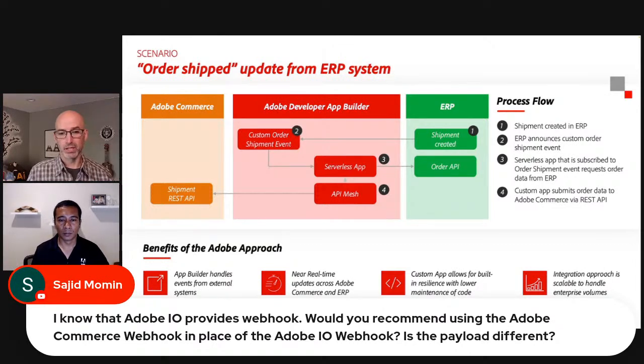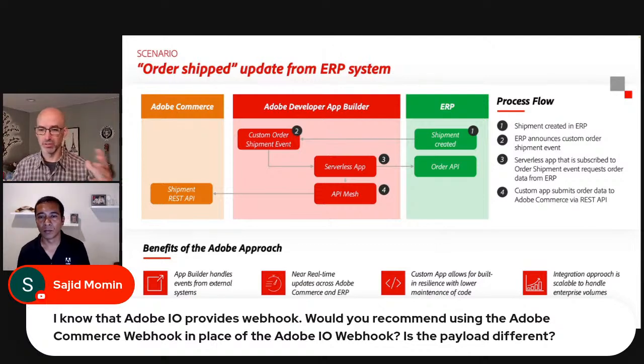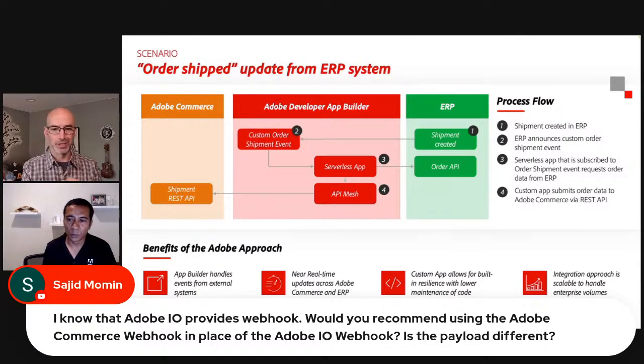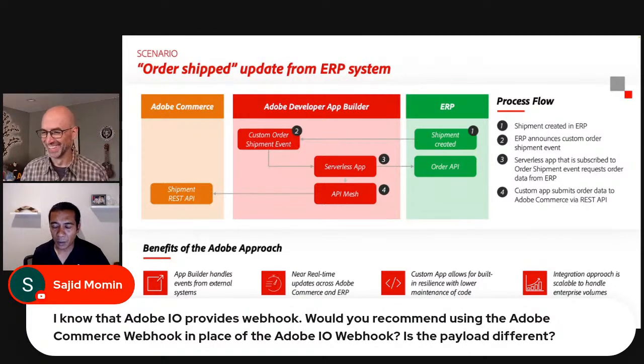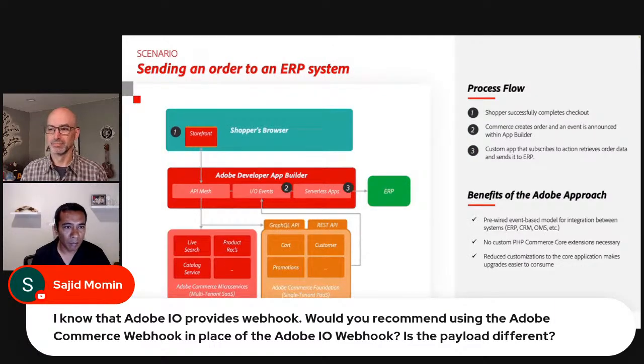Okay, so I know Adobe I/O provides webhooks. Would you recommend using Adobe Commerce webhooks in place of the I/O webhooks? Is the payload different? Surya, I'm going to give it over to you. Sure. I know the naming might sound a little confusing, but many of our products have webhooks, and they may be used for different things. So consider sending an order to an ERP system. In this situation, an order created event within Commerce gets sent to I/O events.